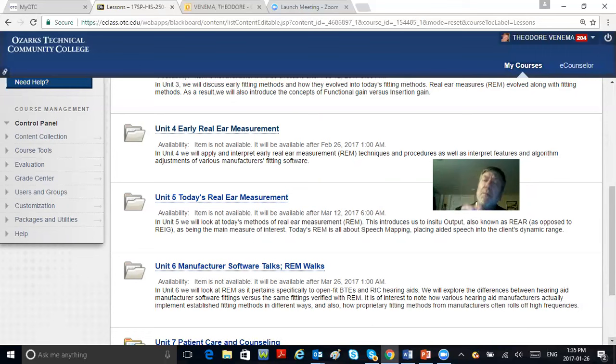So fitting software predicts and gets you in the ballpark. Real ear verifies. Verily, verily, I say unto thee, did you really hit the target? Are you there or not? The software says you're there, but are you really there? That's the purpose of real ear measurement.